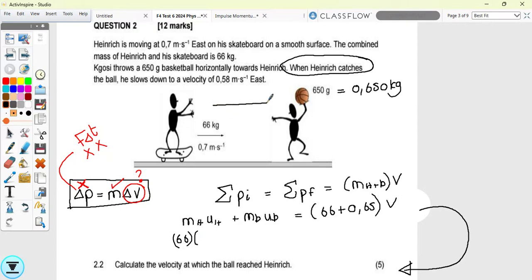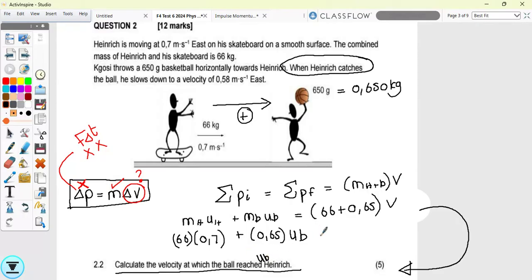Oh, we haven't decided. So I'm just assuming that to the right is positive. So we're going to make that the 0.7 plus, we do know what the mass of the ball is. It's the 0.65. But this initial velocity of the ball is what they're asking us for. Calculate the velocity at which the ball reached Heinrich. So this is U of the ball before the collision that they're asking us for. So this is going to be 66.65 V. We have V.